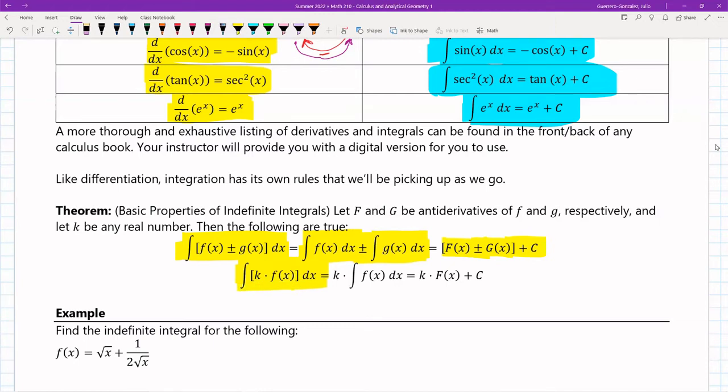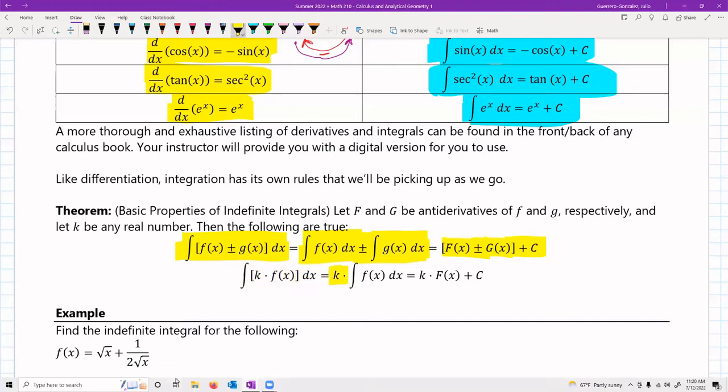This means that I can pop out the constant value k and just take the antiderivative of little f of x. And if big F of x was that antiderivative, I get to just multiply the k to it and I'd be done.